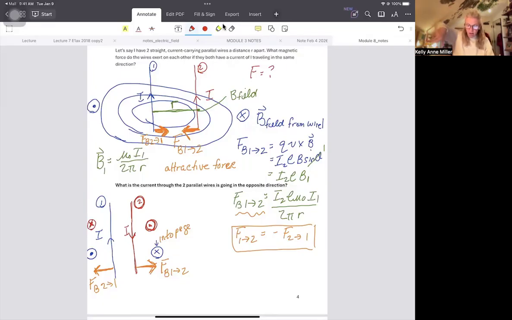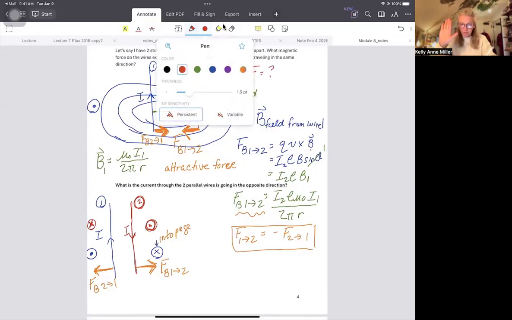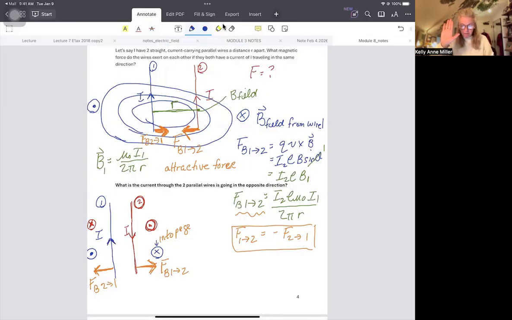So for this wire, my fingers point in the direction of the current, up. I curl them into the page, and my thumb is the direction of the force, in this direction here.